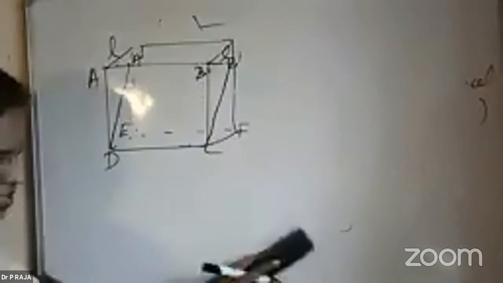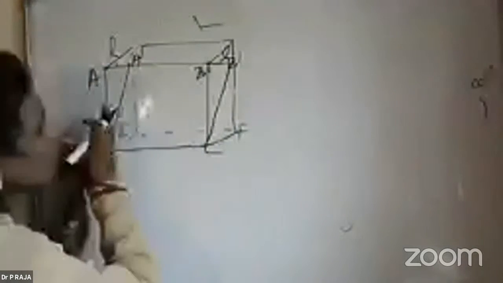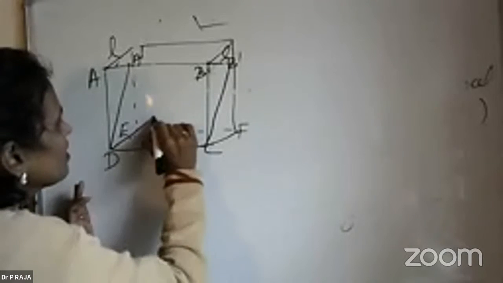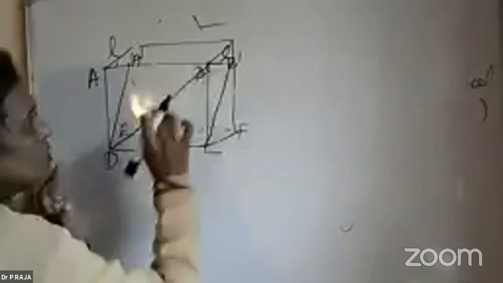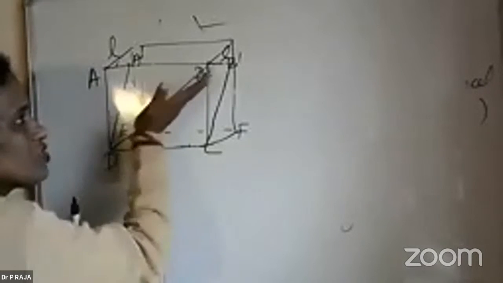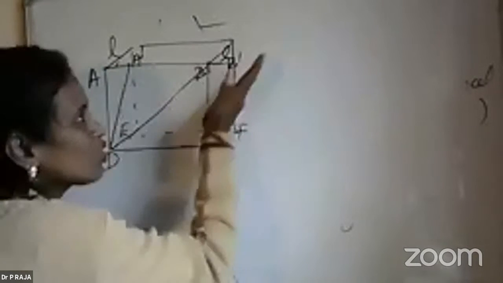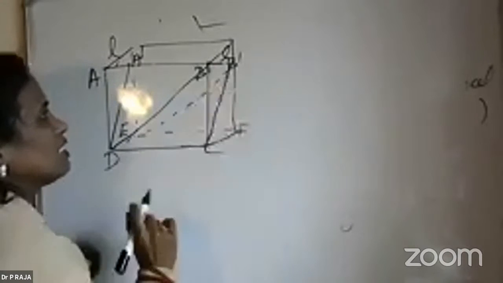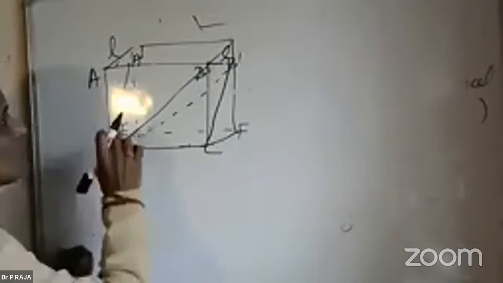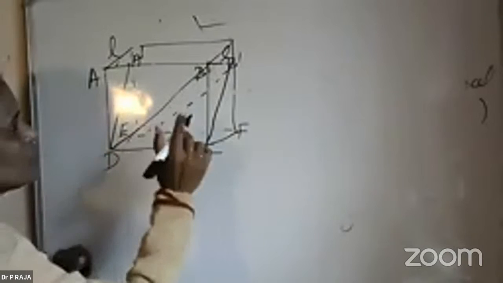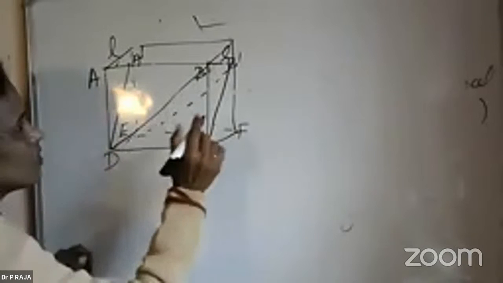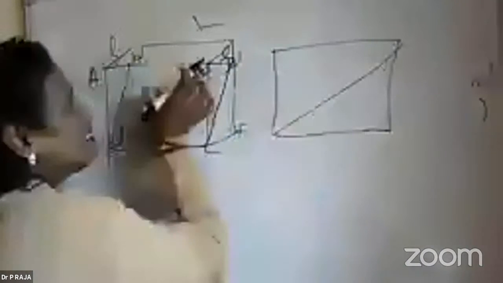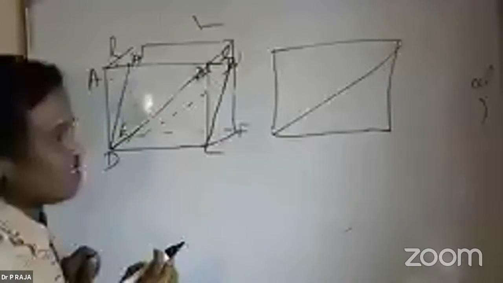Now our ultimate aim is to find how much this has sheared. So we take the diagonal DB, and see how much this diagonal DB has elongated to the new diagonal DB dash. The new diagonal will be a little longer than the original diagonal.